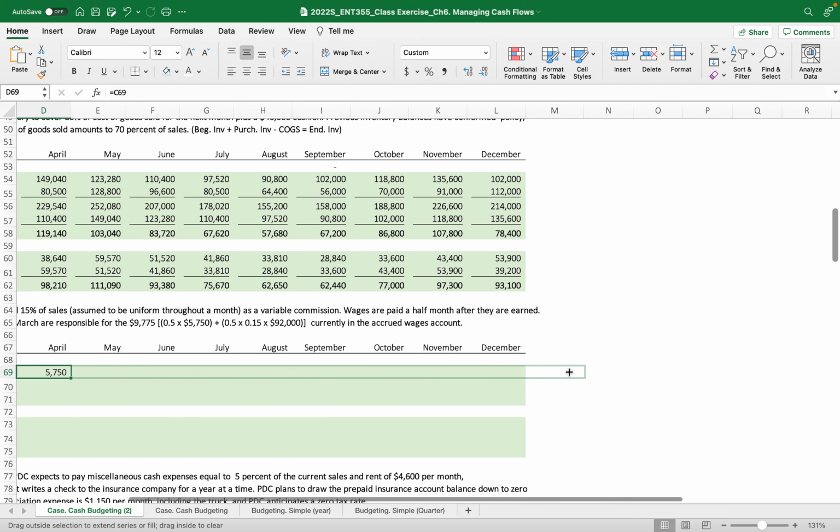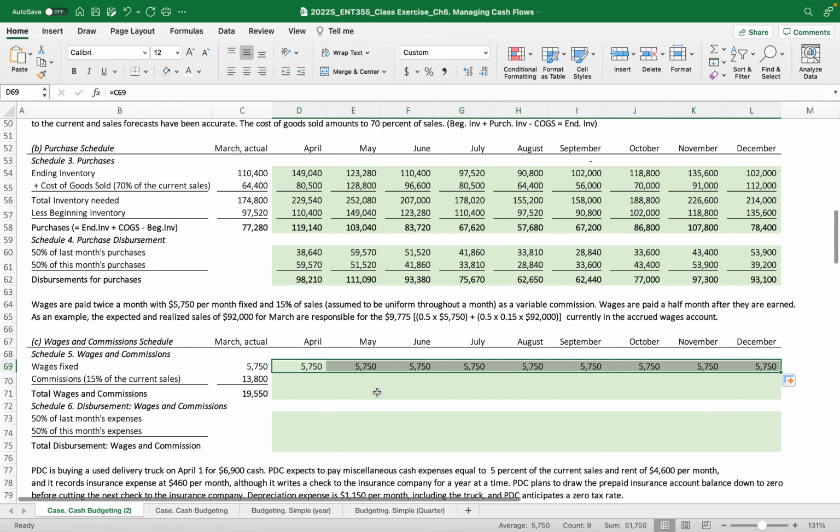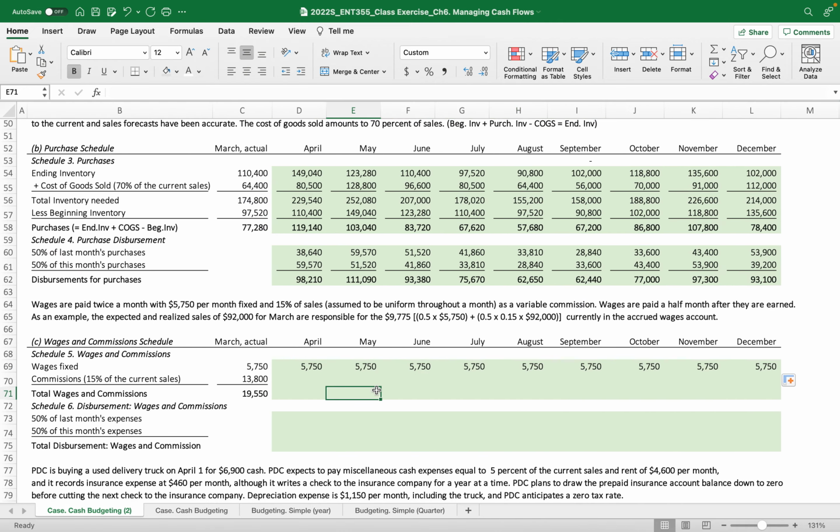We are planning in the short term, on a monthly basis, cash out and cash in, right? And the budgeted financial statements. So the wages are not changing much in the near months, right? And then 15% of the current sales, we pay our sales guys.